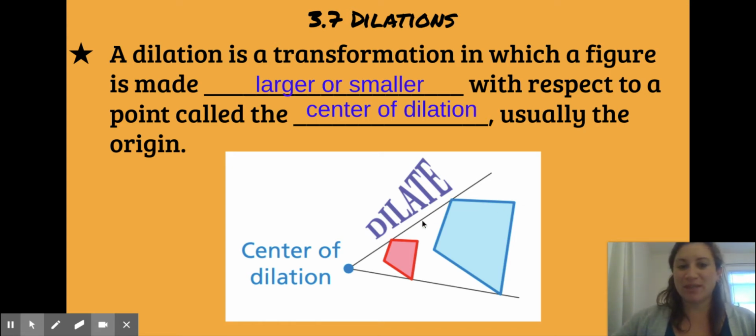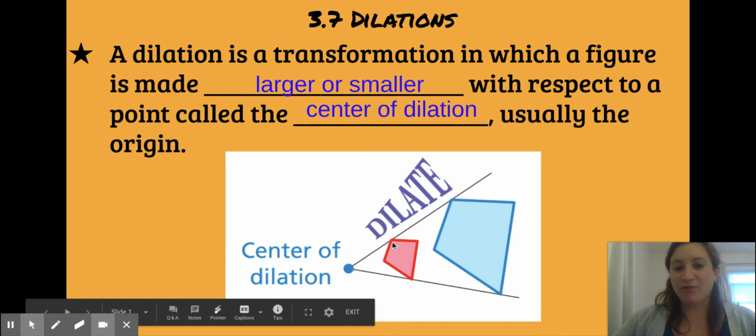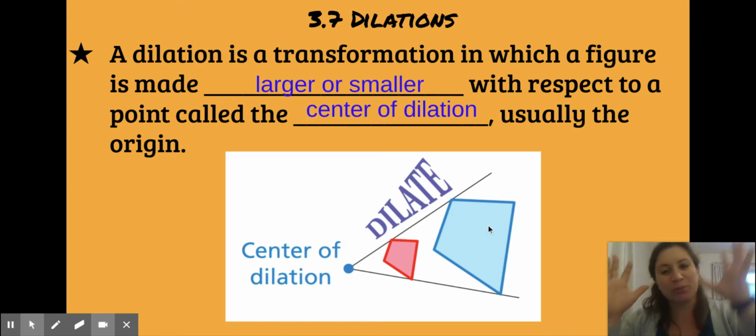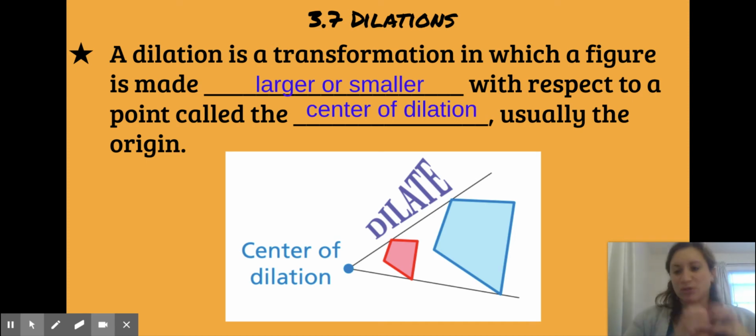In this picture you can see that the red figure has either been enlarged to become the blue figure, or maybe the blue figure has been reduced to form the red figure.